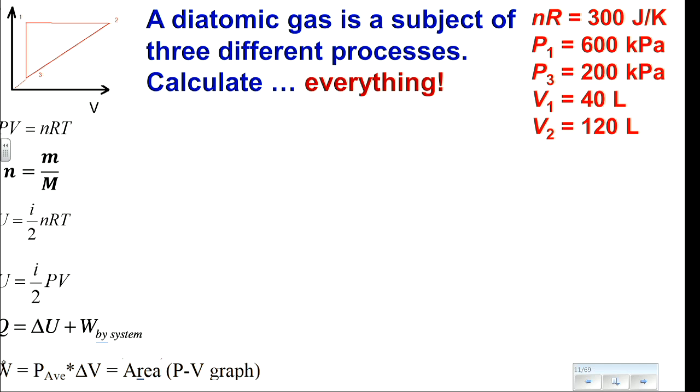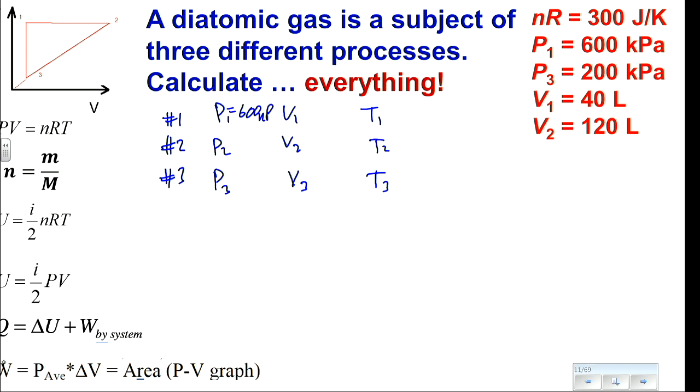So in this situation, what I try to do is first just write everything I can about pressure, volume, temperature if I can, for each state involved in what's happening. So pressure, P1, 600 kilopascals, bless you. Volume, V1, I just copy 40 liters. Temperature, not given. Okay, we'll find it.